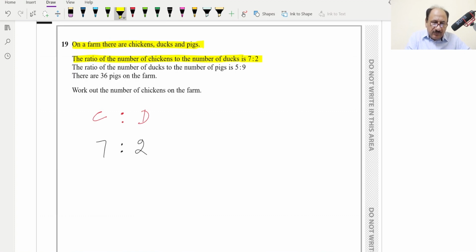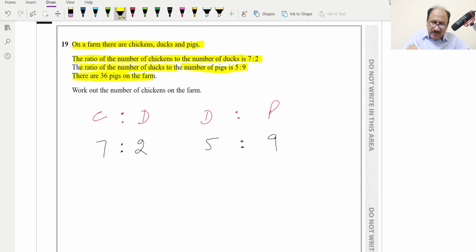Now the next part of the question, the ratio of the number of ducks to the number of pigs is 5 ratio 9. So we can write ducks ratio pigs is 5 ratio 9. So this is the information provided, and then they are saying there are 36 pigs on the farm.